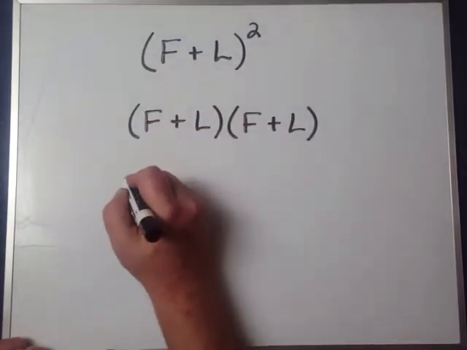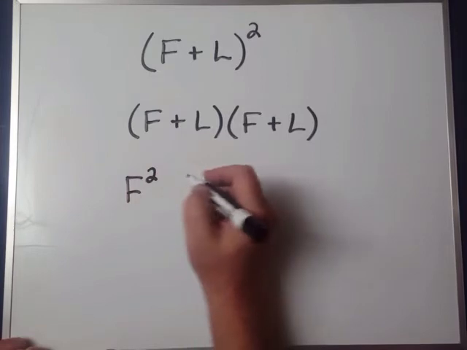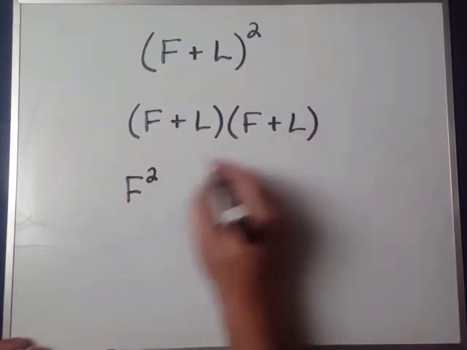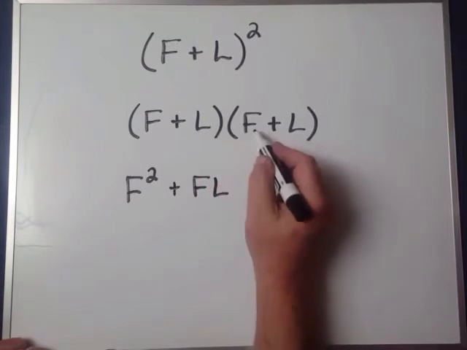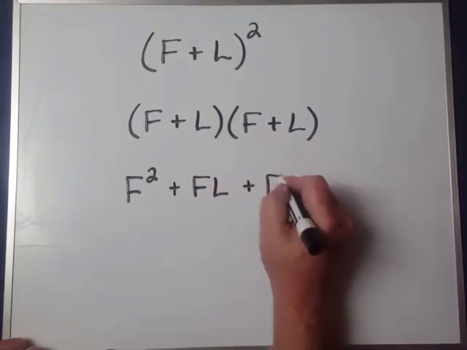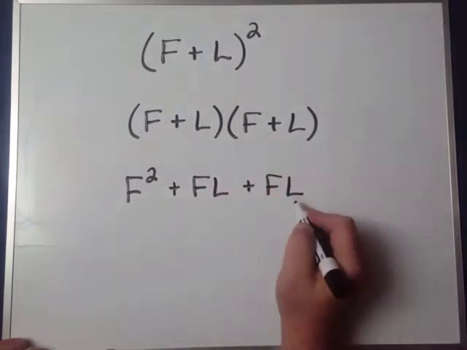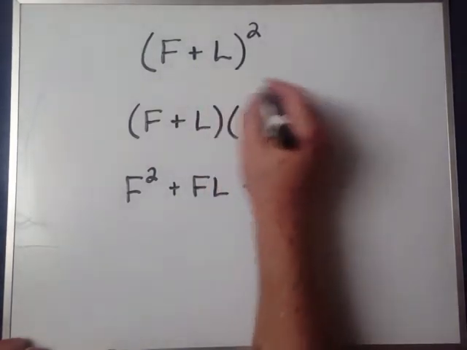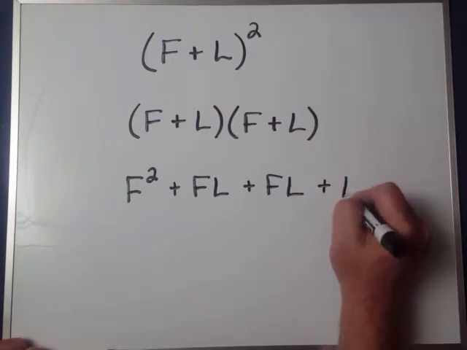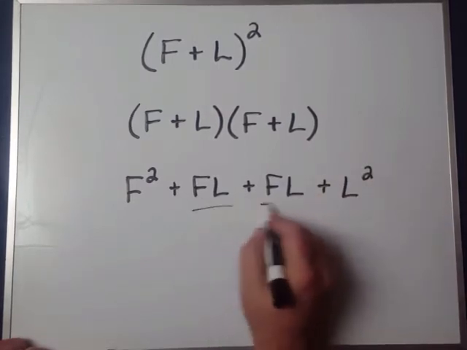Product of the first, f times f is f squared. The outside gives me plus fl. The inside gives me plus fl. We could write LF, but it's the same as FL. And product of the last plus L squared. Combine like terms.